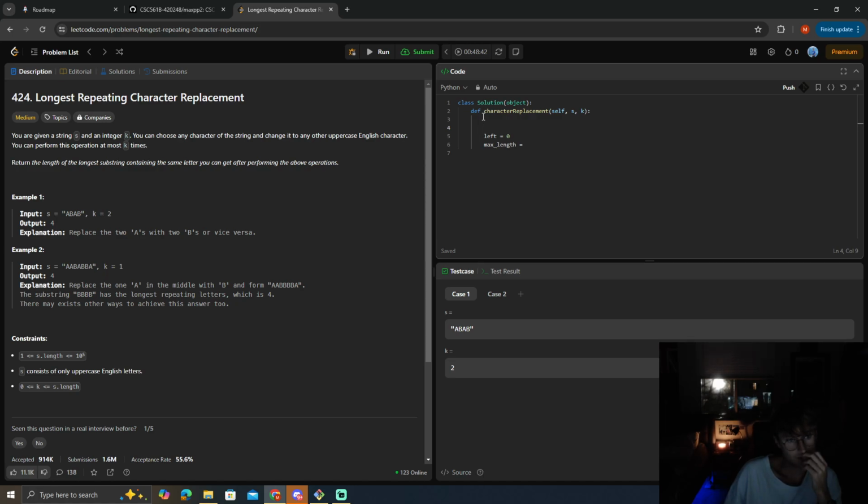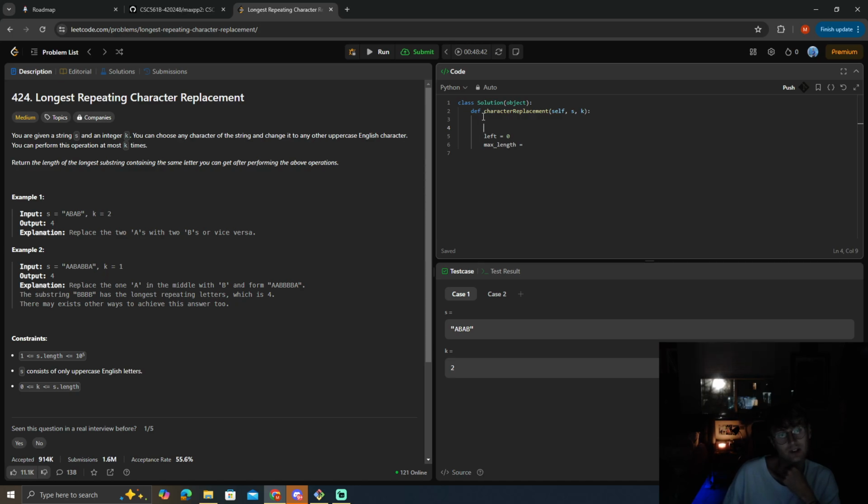What's the best way to do this? Can we use a hash set, maybe? I'm trying to think. How can we use a hash set? We could add them to the hash set.